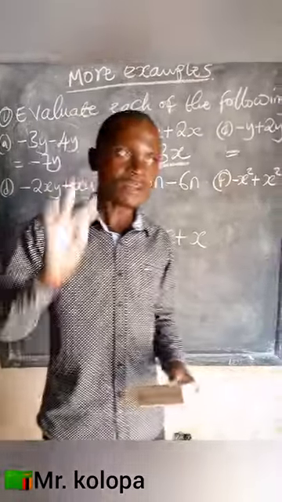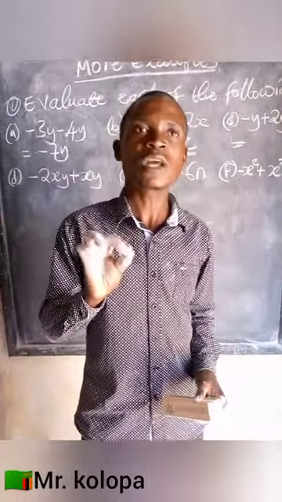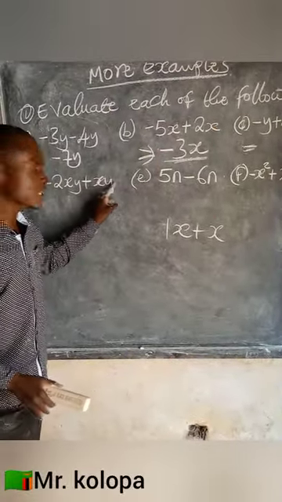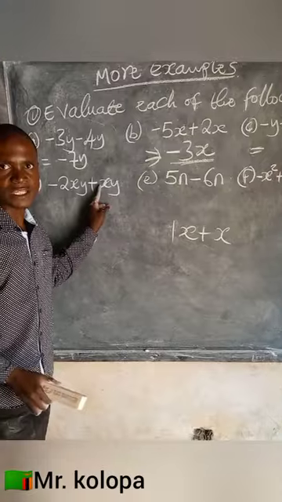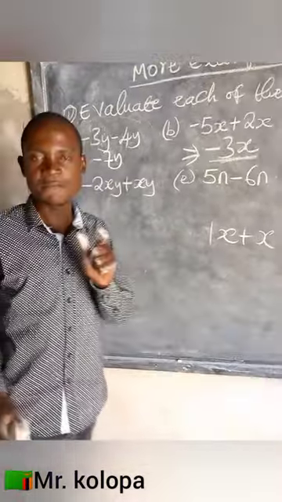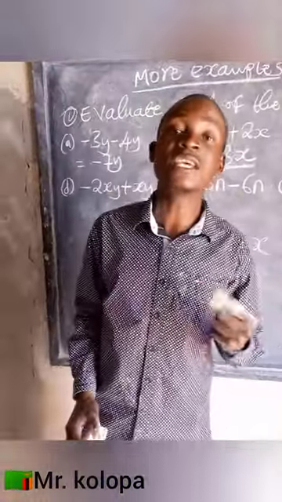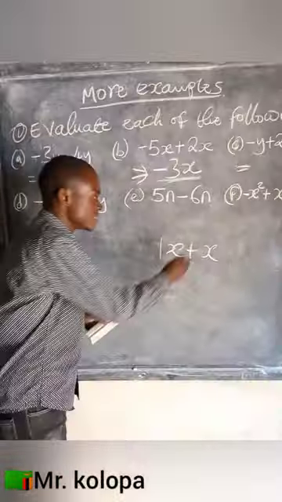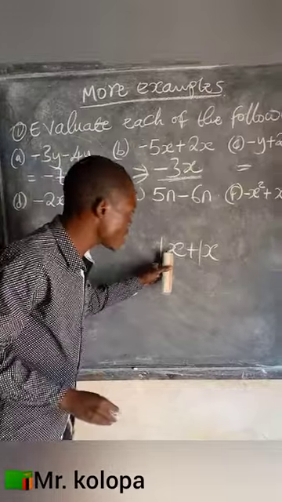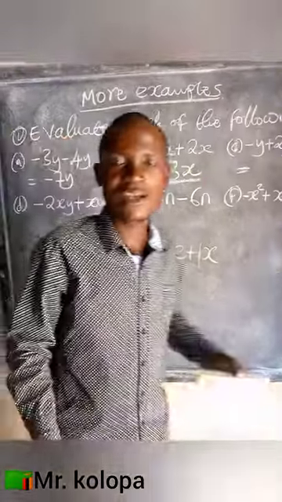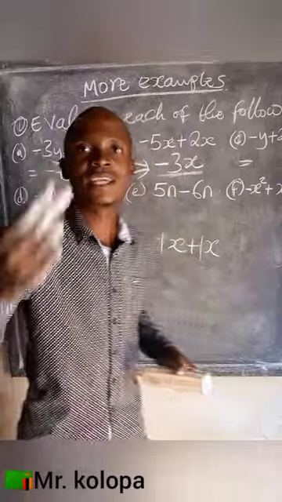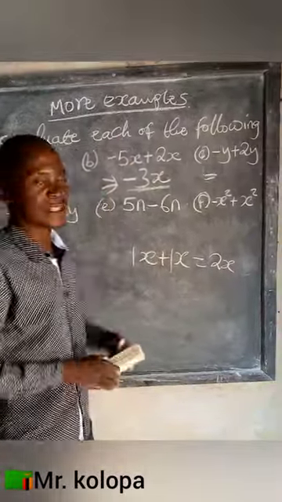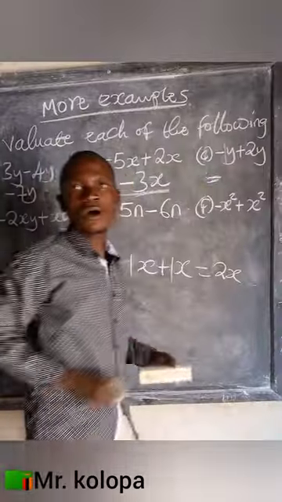When you can't see a number in front, just bear in mind that there is a 1 which is invisible. So when I say x plus x, there is a 1 and a 1, so it's 1 plus 1, which will give you 2. Then you add the letter, which will give you 2x.